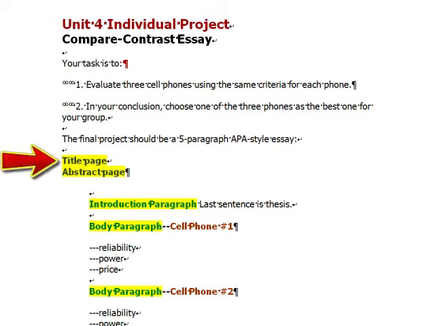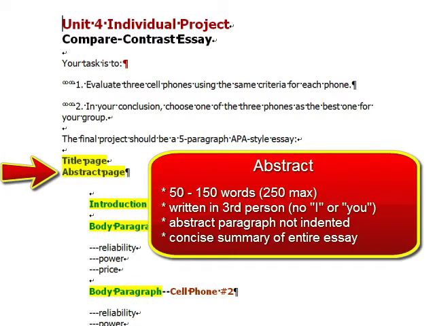It has a title page, and you've been shown many times how to format that title page. It has an abstract page, and that abstract consists of 50 to 150 words written in the third person in an unindented paragraph that accurately summarizes the entire essay. Maximum for an abstract in APA is 250 words.